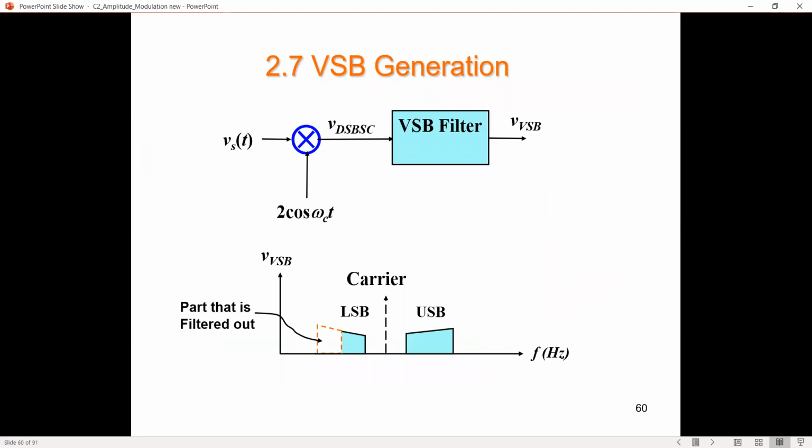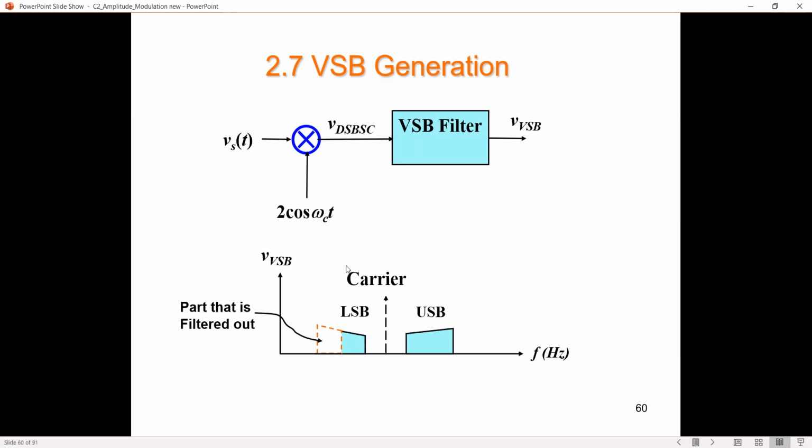As for the vestigial sideband, it's almost the same as full AM or double sideband suppressed carrier. We use a balanced modulator to generate the double sideband signal, then we send it to a vestigial filter.